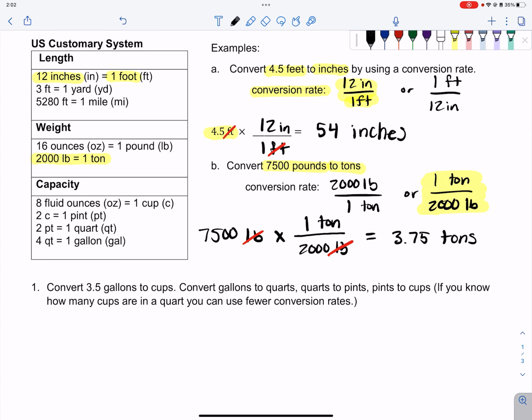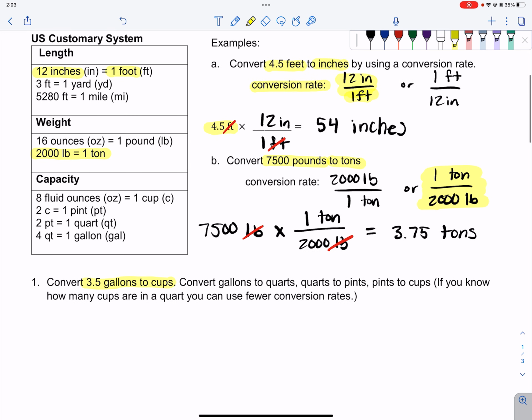The last example that we have to work through here is we want to convert 3.5 gallons to cups. And now we weren't given the number of cups in 1 gallon, which means we're going to need to do multiple conversions here to be able to figure out how many cups there are in our 3.5 gallons.